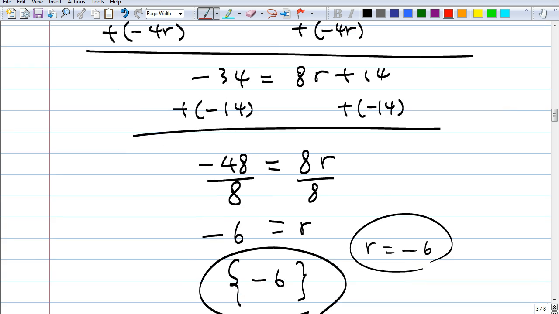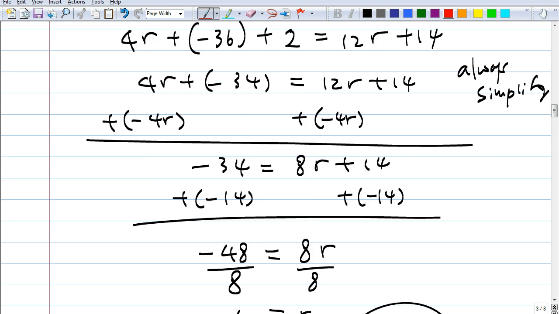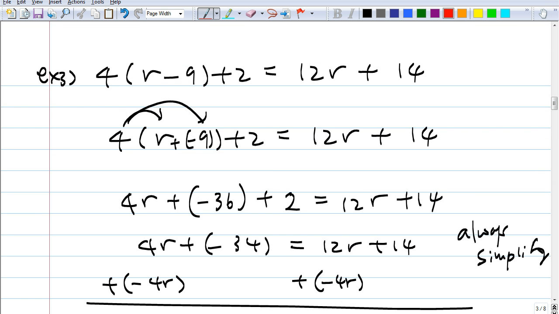Any questions? Yes, sir. I was just wondering, if you had the original equation, we subtracted 2 from both sides first, and then you divide both sides by 4? Yeah, that would have worked too. Very good. So Jason asks, could we have gotten rid of this 2 by subtracting 2 from both sides?